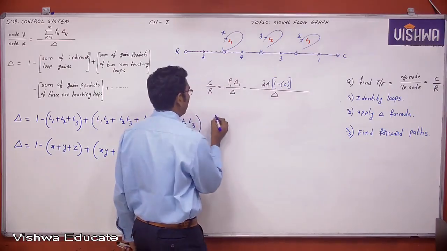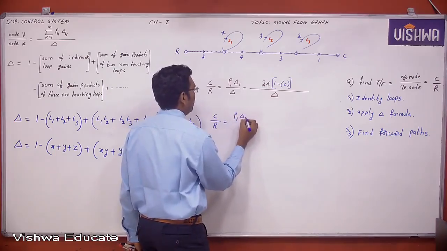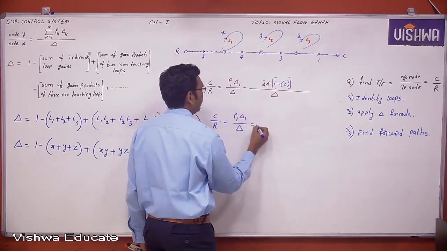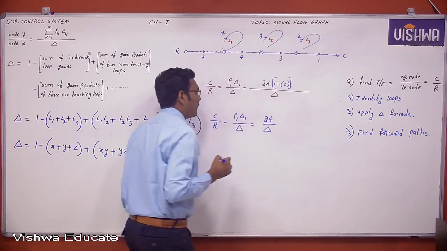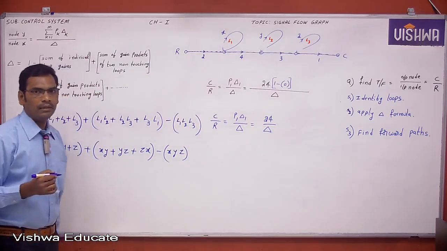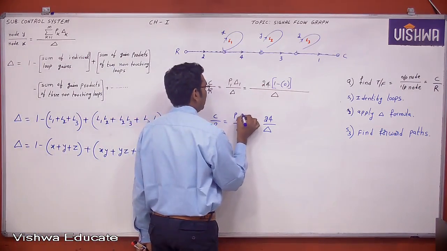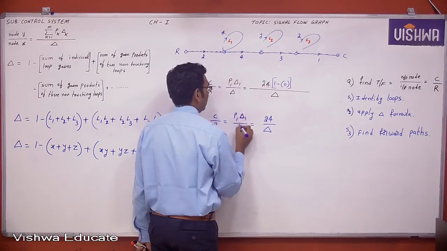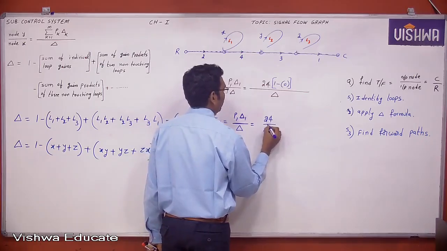Therefore C by R equals P1 delta 1 by delta, which equals 24 by delta. Clear or not?